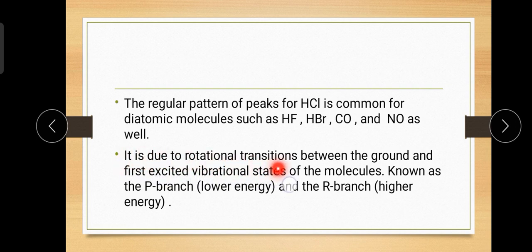It is due to rotational transition between the ground and the first excited vibrational states of the molecule. That means these peaks are observed due to a transition between the rotational states of the ground state and the first excited vibrational state, and these transitions are known as the P branch for the lower energy level, and the R branch for the higher energy level, as shown in the spectra.